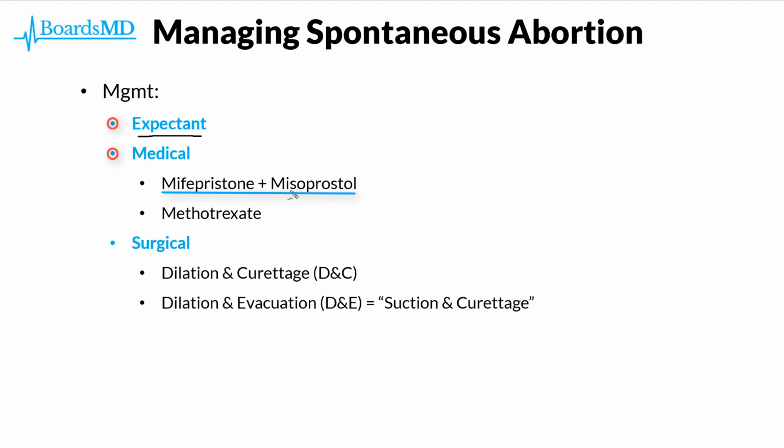This is the most common regimen for spontaneous abortion in the United States, or in some cases we can use methotrexate. Lastly, we can also utilize surgical management, including the use of the dilation and curettage, also known as a D&C, and in recent years it has become increasingly common to use a dilation and evacuation, or D&E, also known as a suction and curettage.